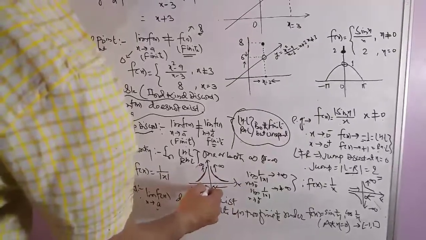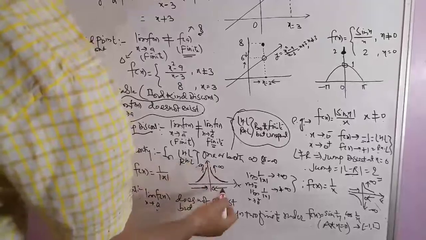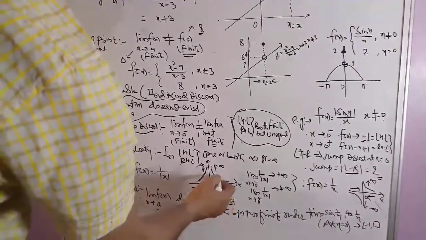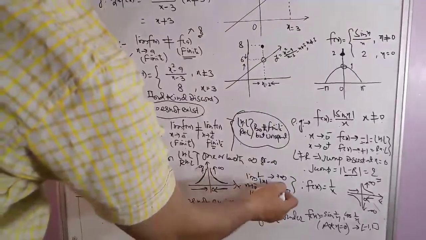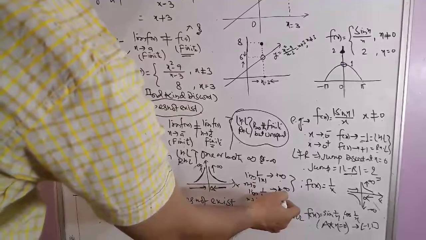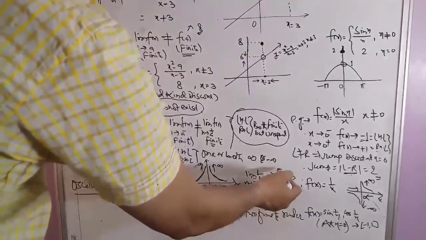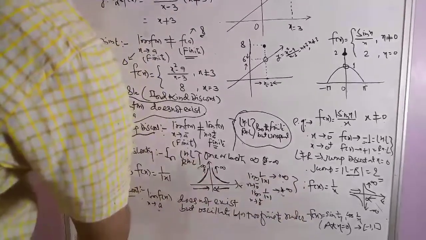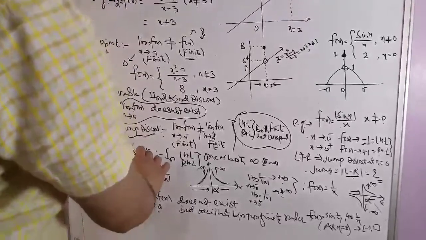As x tends to 0 from left, f(x) tends to plus infinity, and as x tends to 0 from right, 1 upon mod x again tends to plus infinity. Here the left hand limit tends to plus infinity, the right hand limit tends to plus infinity. So both or one tends to infinity, and in such a case the discontinuity is infinite type discontinuity.